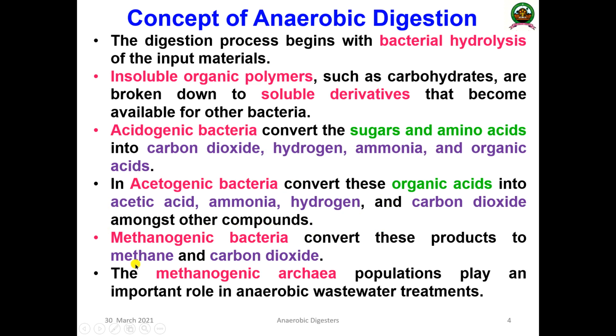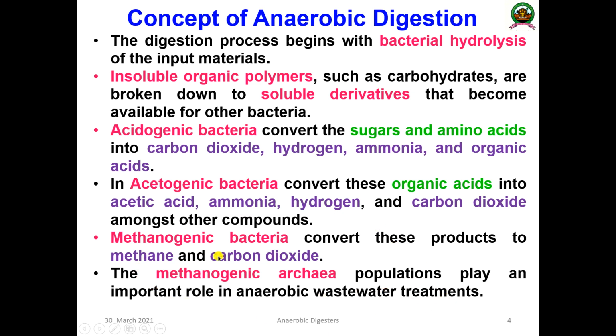Finally, the methanogenic bacteria, or methanogens, utilize all these components and convert them into methane and carbon dioxide, which act as the biogas. So the methanogenic archaeobacteria also play an important role in the anaerobic digestion process.